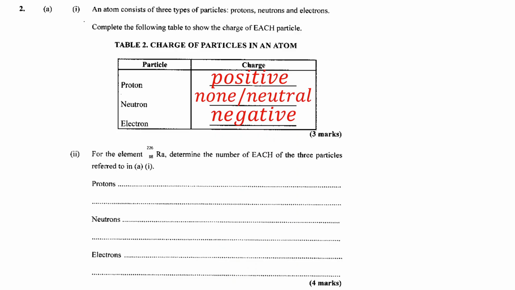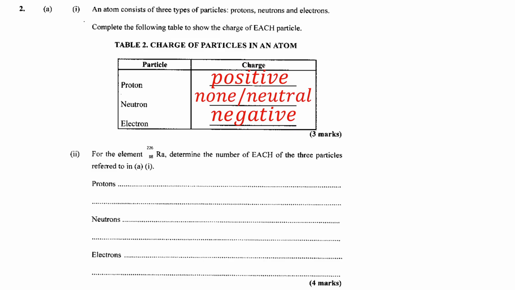Next, Part 2. For the element that is radium 88-226 that we see there, we're to determine the number of each of the 3 particles referred to in Part A, Part 1. So the number of protons, well, if we look at it, we see that Ra, which is radium, and we see the numbers 88 and 226.